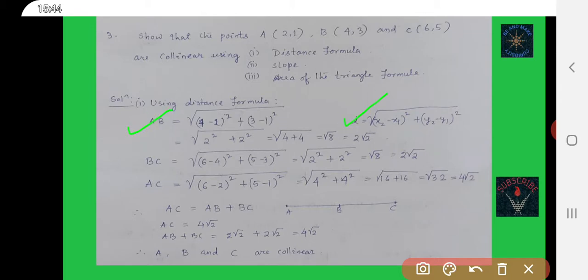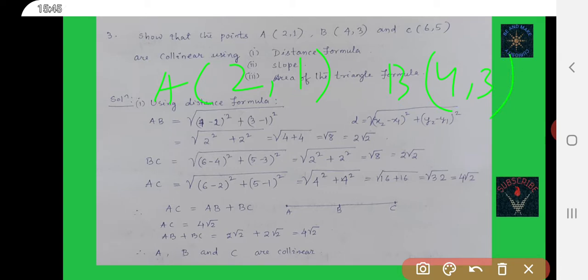The distance formula, you know, D is equal to the square root of x2 minus x1 whole square plus y2 minus y1 whole square. So here you put AB, A is 2, 1 and B is 4, 3.